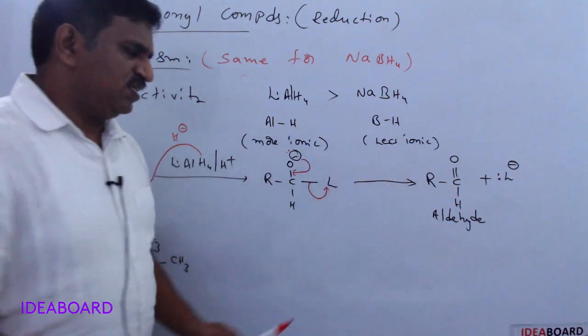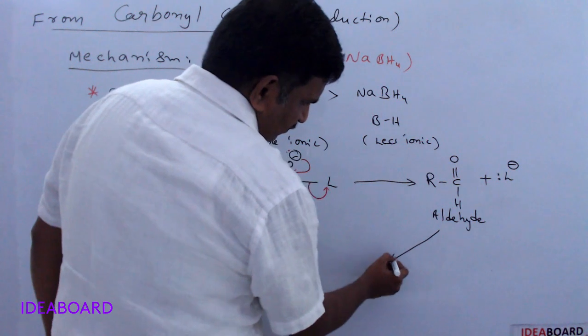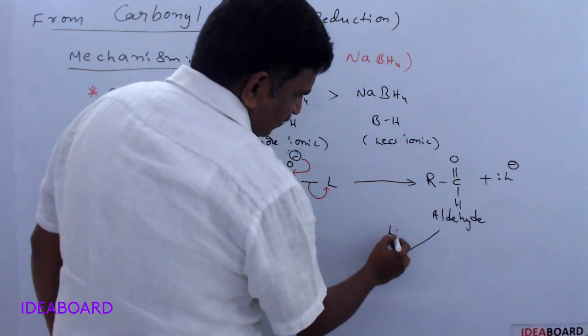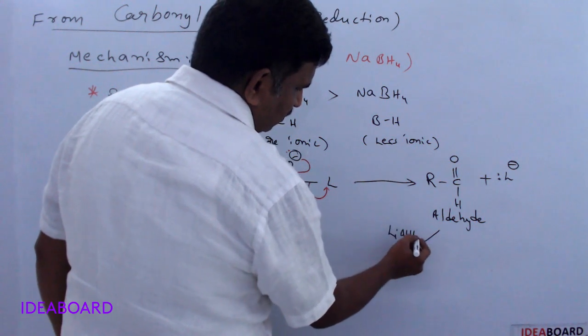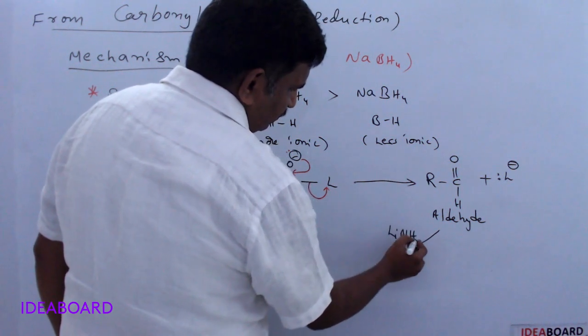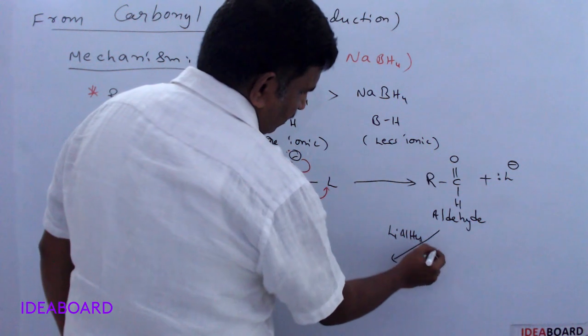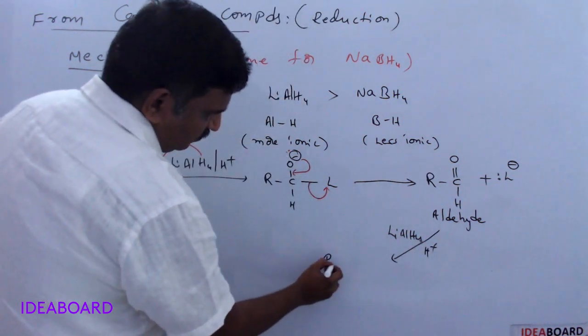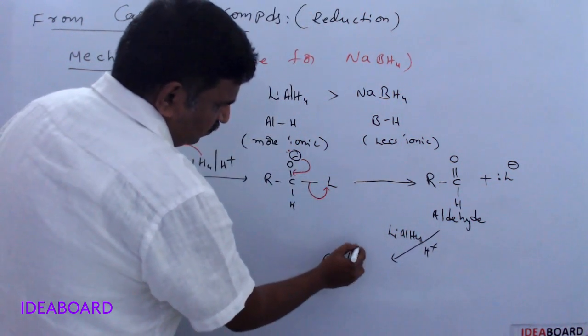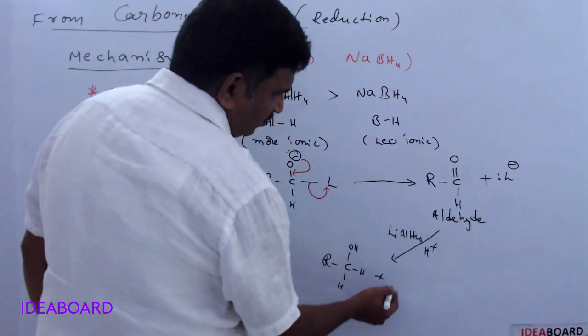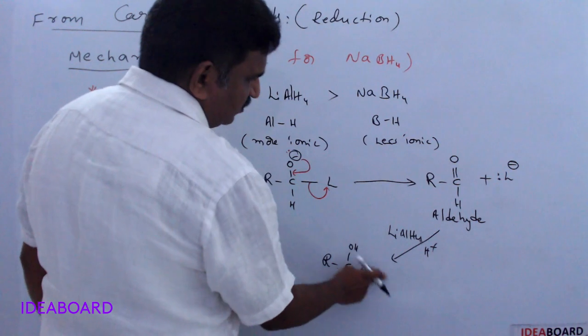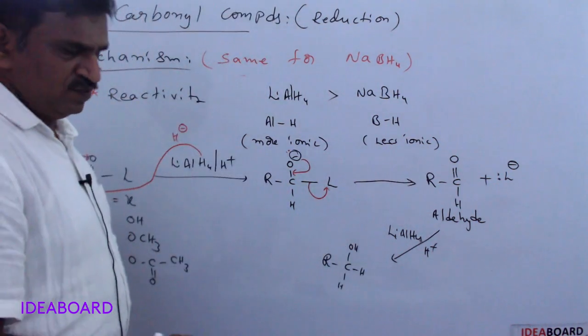Again LiAlH4 reacts in the presence of H plus, and what is formed is RCH2OH.